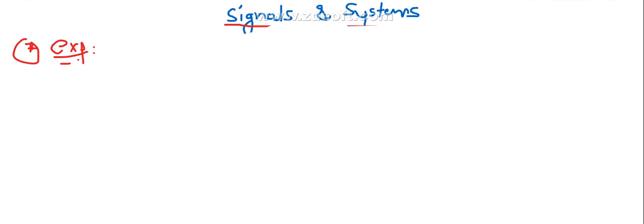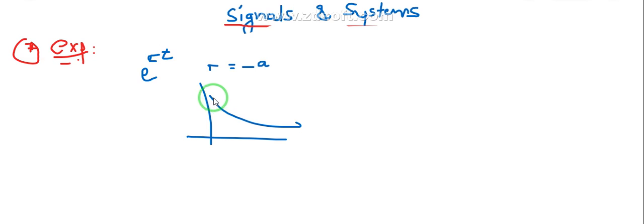How is the exponential signal represented? It is represented as e to the power sigma t, or at, whatever. Sigma represents whether it is a decreasing or increasing exponential. If sigma is equal to minus a, it is exponentially decreasing.